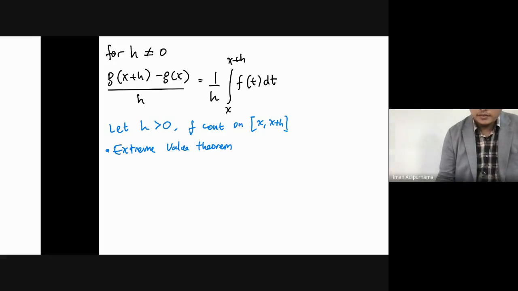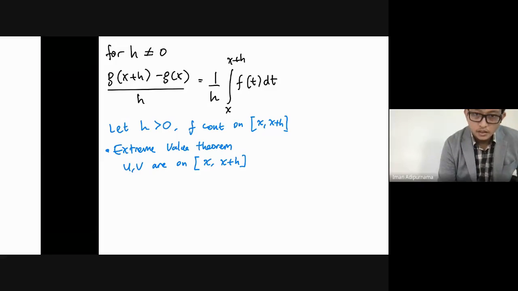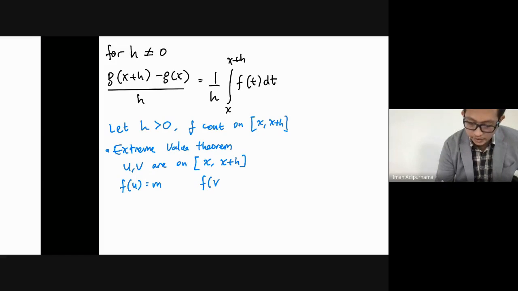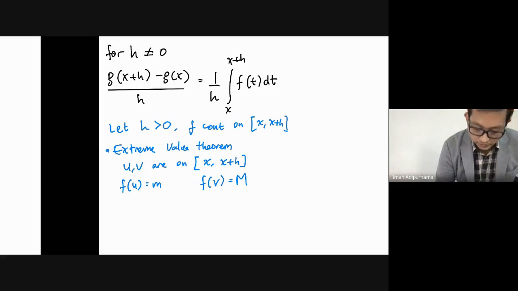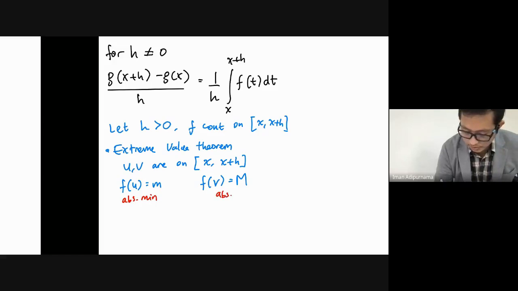Let's say we have u and v in [x, x plus h]. Let's say f(u) is a little m and f(v) is the big M. Based on the extreme value theorem, this is the absolute minimum, this is the absolute maximum.